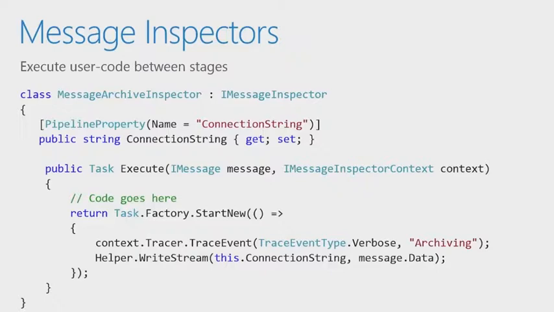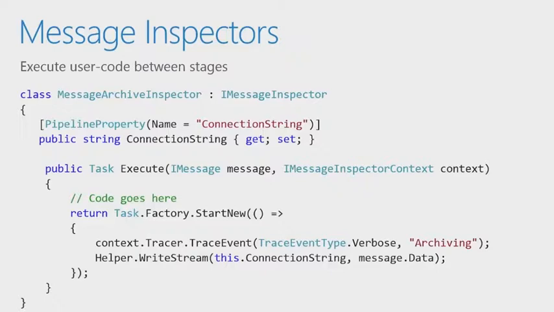This is an interface that we define, and it has only one method that you have to implement, which is the Execute method. We will call the Execute method during the pipelines, when the message is being processed. You will have the incoming message, and we will also provide a context.